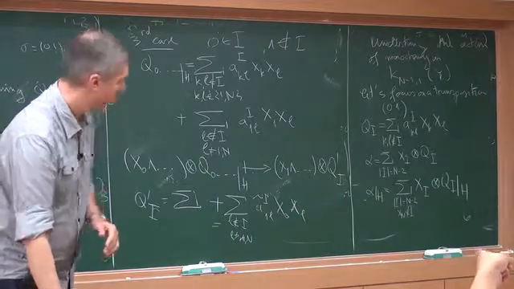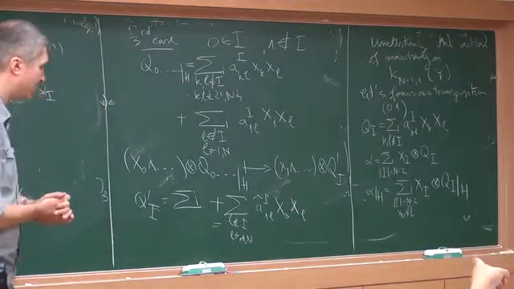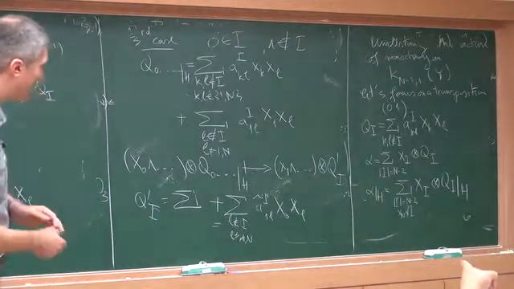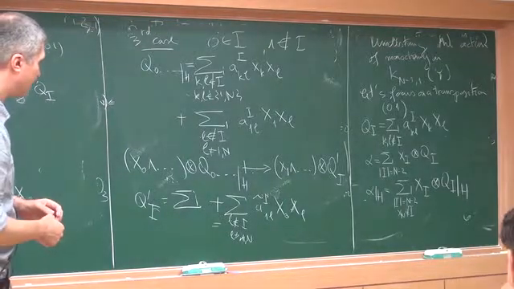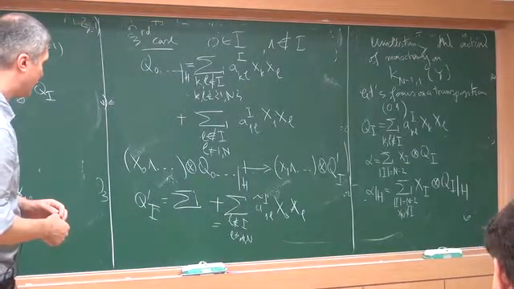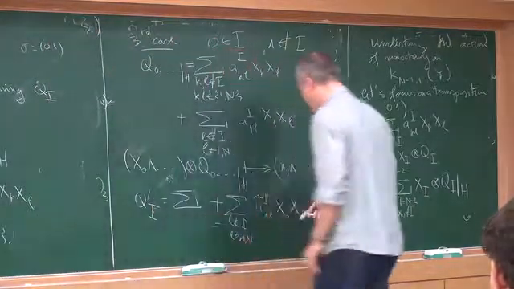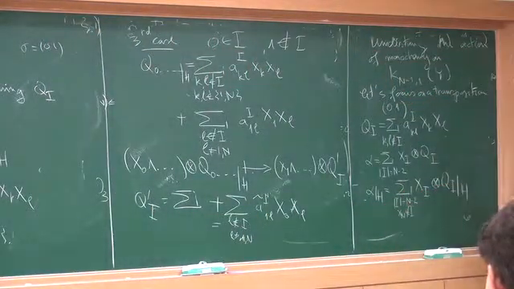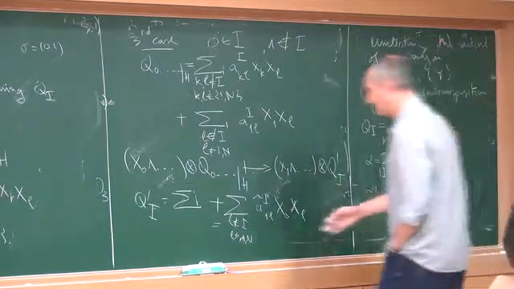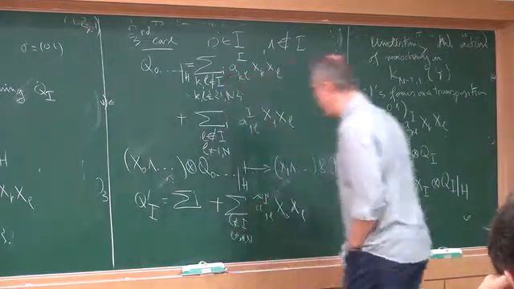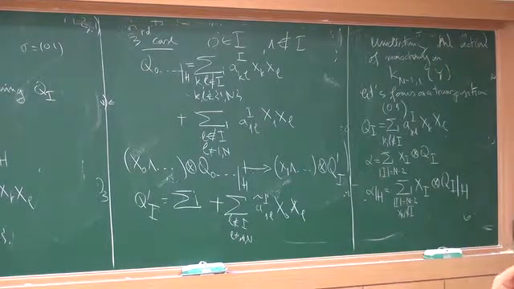But in the second part, 0 is contained in I. But now that is not correct. You're right. So what does it mean?